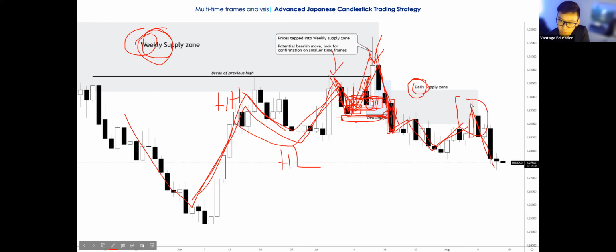At this point in time, on the 5 minutes chart, you'll see a similar pattern happening. So usually on a 5 minute or 1 minute, once it enters the weekly zone or the daily supply zone, you want to look for this kind of reversal pattern and then take a sell. That's how they snipe the sell entries down into this level.